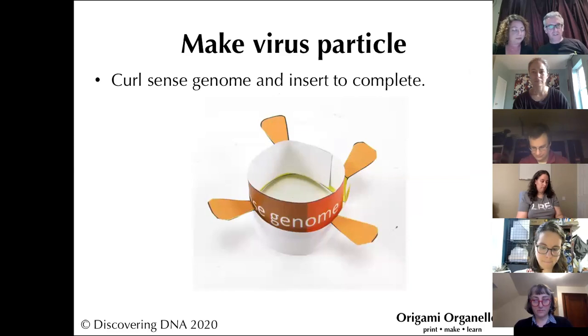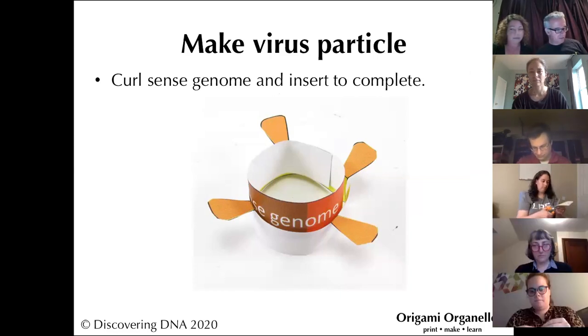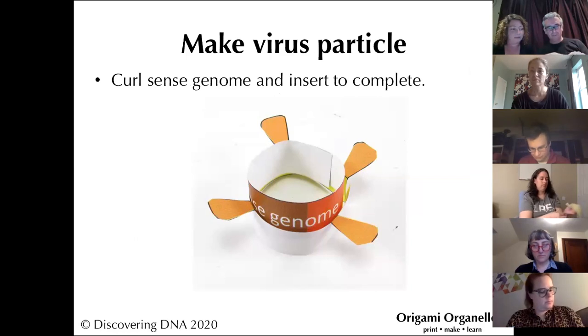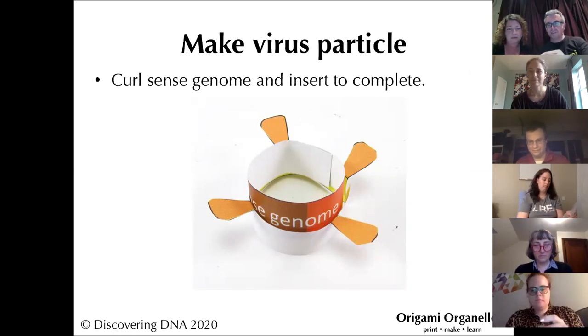And then to finish the virus particle, you just have to insert the genome inside. So we've got a couple of different versions of the genome. What you're looking for is the sense genome. And we'll just fold that into the viral particle, into the membrane, and that will make that join together. So it goes inside.